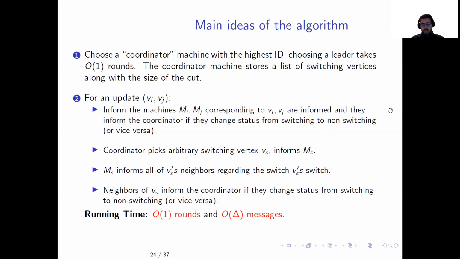So this takes O of delta messages and O of 1 rounds. It's a very simple adaptation to the MPC model. So that's pretty nice. Due to time constraints, I might not be able to go into detail of this algorithm. It's very straightforward.